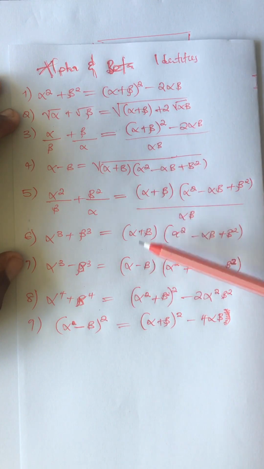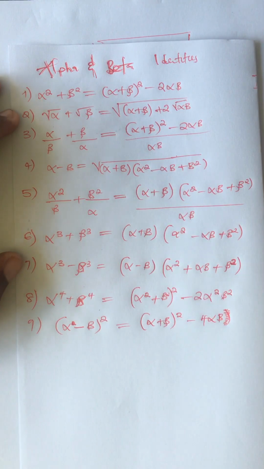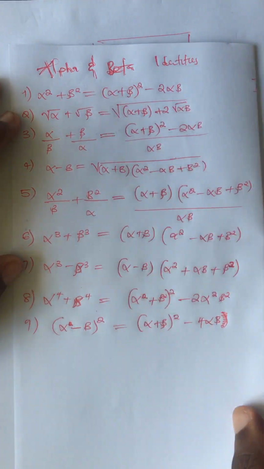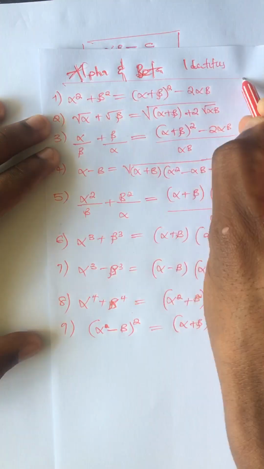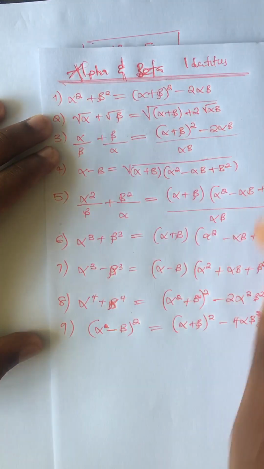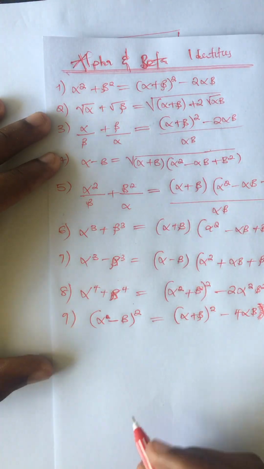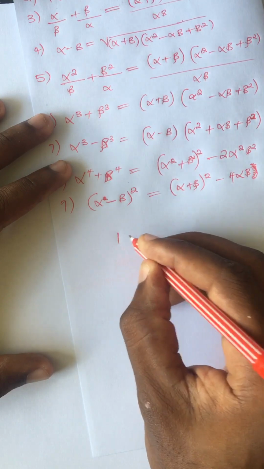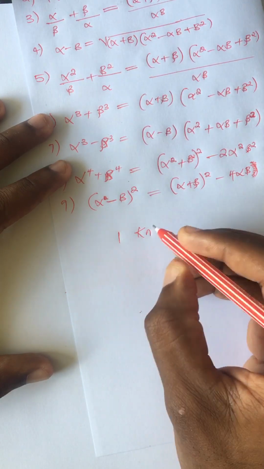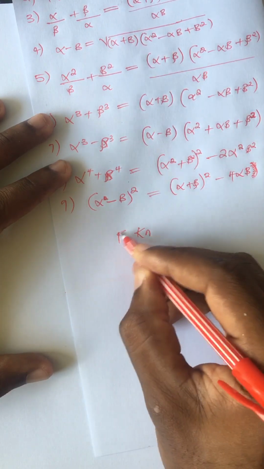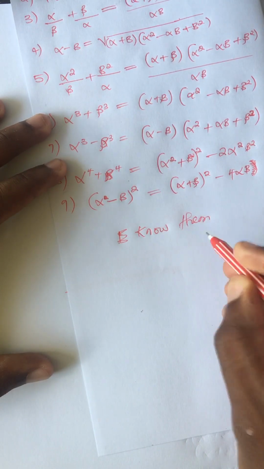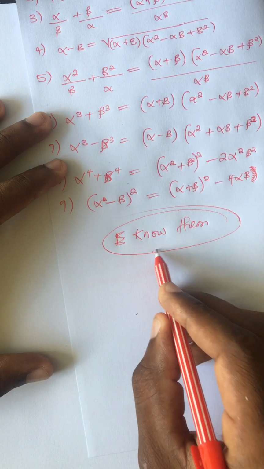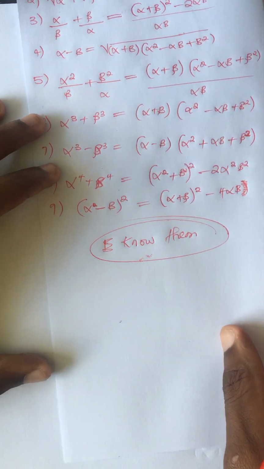Once you copy this, make sure that you're able to master them. All right, so these are identities. Know them, please know them.